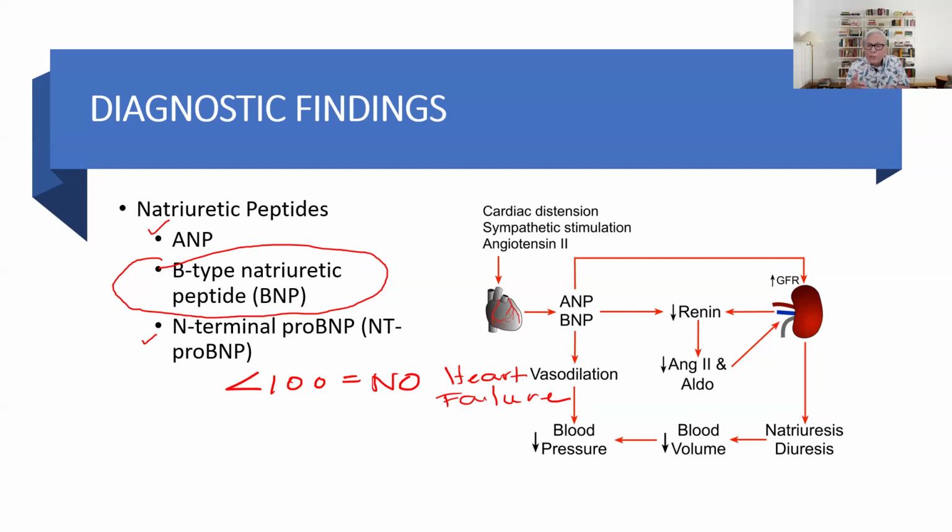And the higher the number is, the more severe the heart failure is going to be. Okay? So this is the hallmark that we are going to measure to see whether or not there is a presence of heart failure.